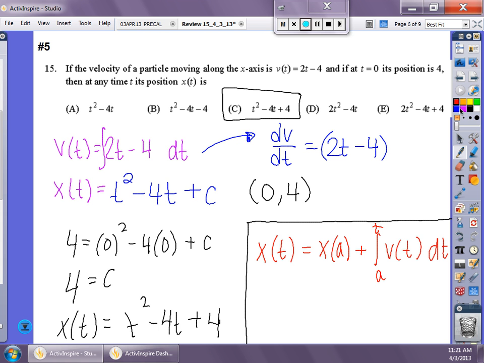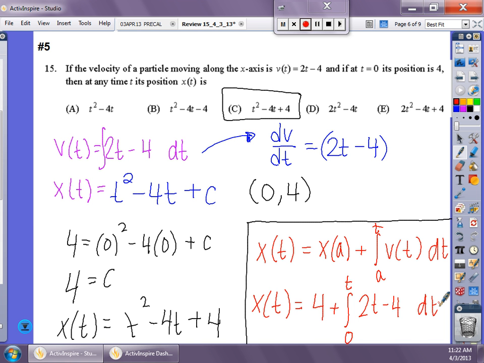So this one would be x of t is equal to the initial value, 4, plus the integral from 0 to t of 2t minus 4. They'd probably put another variable in there instead, but that's the other answer you could have had. Before we learned how to physically integrate, we did this first.